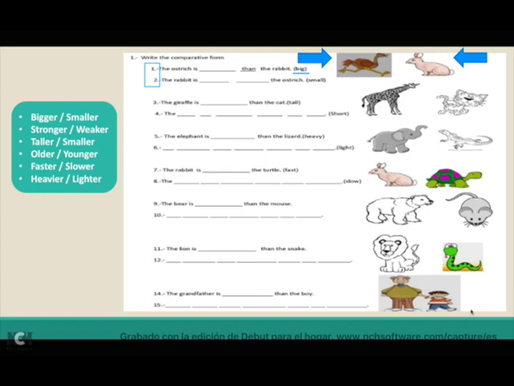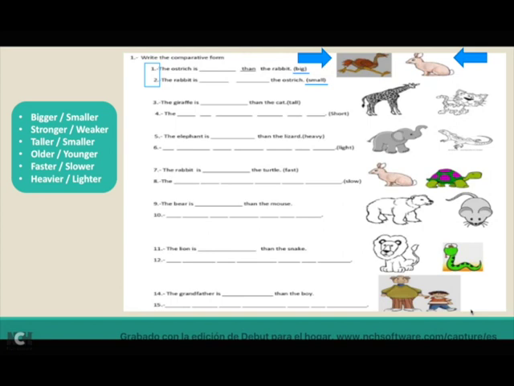Now let's read the second one. The rabbit is the ostrich. Here in this sentence, we have 2 lines. And at the end, we have small. What is the comparative form of small? Correct, it's smaller.